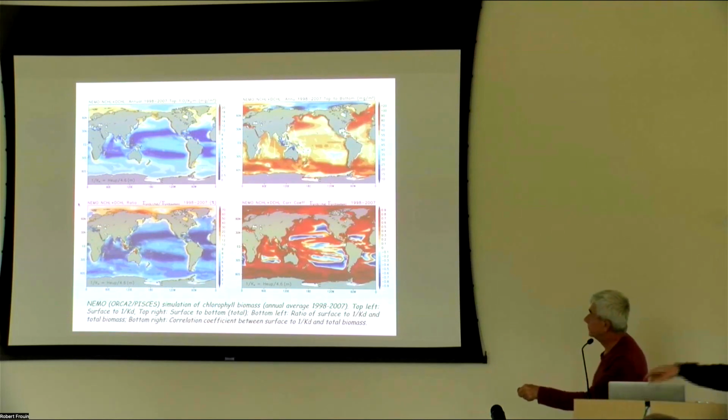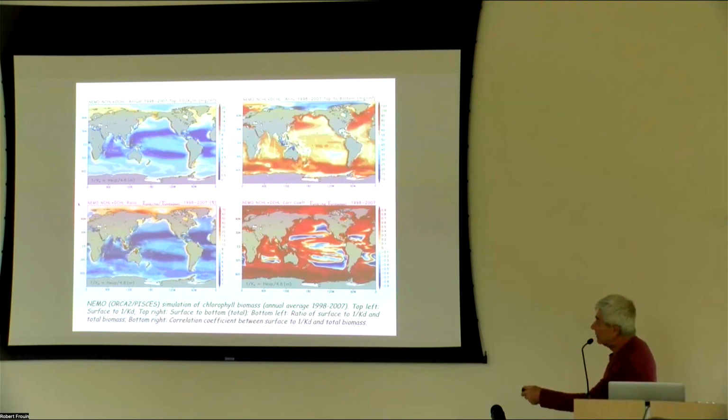Okay. So this is the ratio again of surface chlorophyll to vertically integrated chlorophyll. And you see that what you see at the surface is only a very small fraction of the total biomass, like a few percent in many areas, except at high northern latitudes and in the coastal regions.